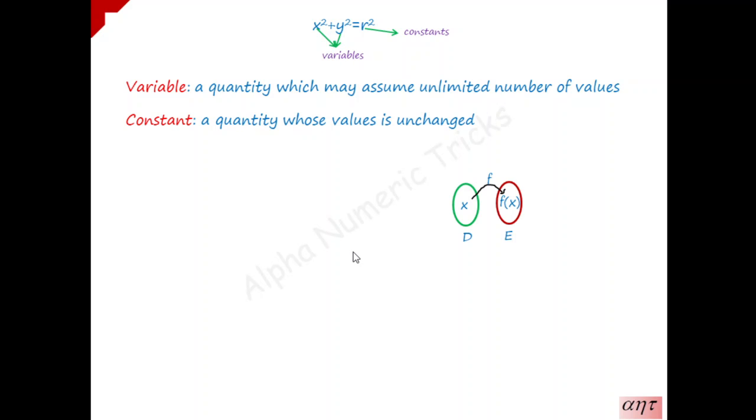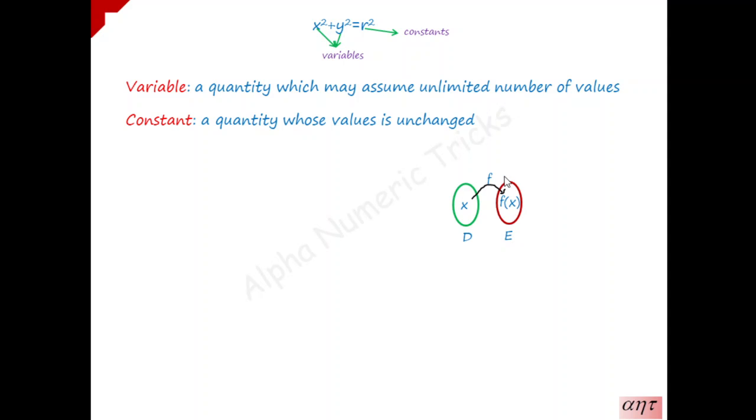Now we will see what a function is. This is defined by using sets. Consider the set D and the set E, where the set D has a number of elements, and the set E also has a number of elements.